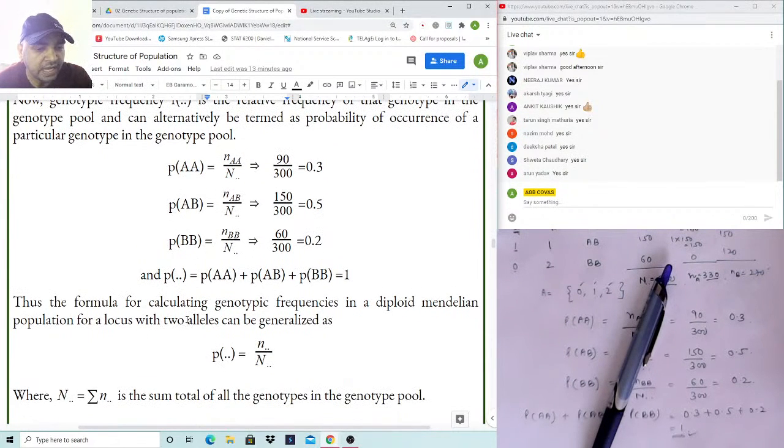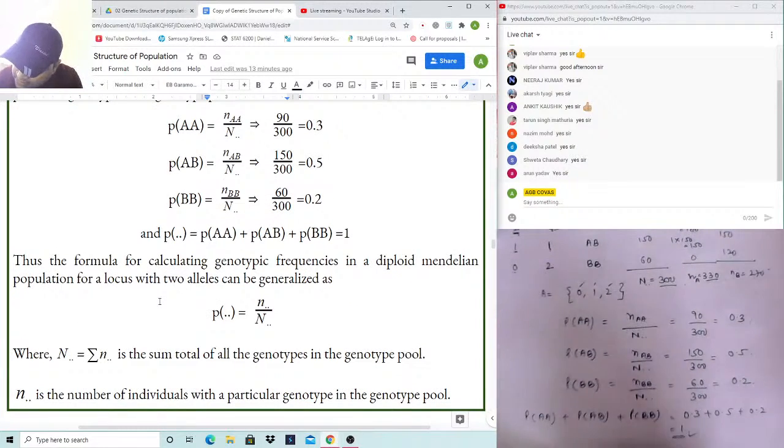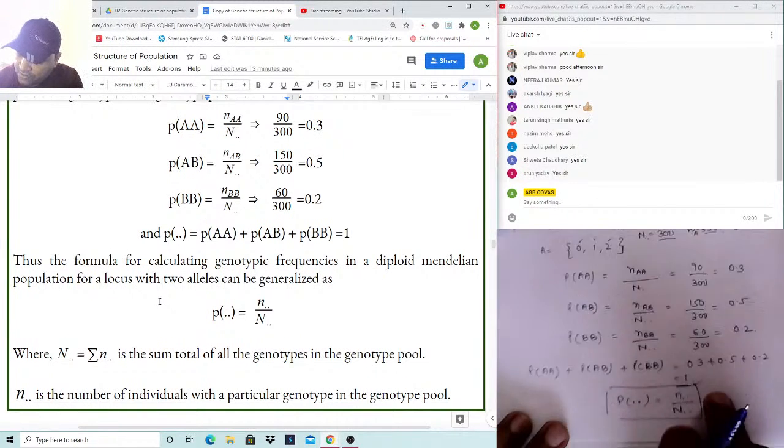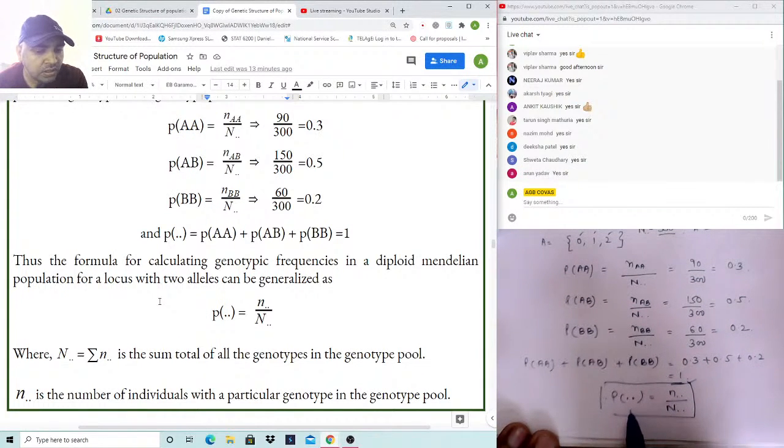Thus, if I generalize the formula for calculating the genotypic frequency in a diploid Mendelian population for a locus with two alleles, where I do not define what the first allele or the second is, it will be equal to the number of individuals of that particular genotype divided by the total number of genotypes in the population. This formula will give you the genotypic frequency.